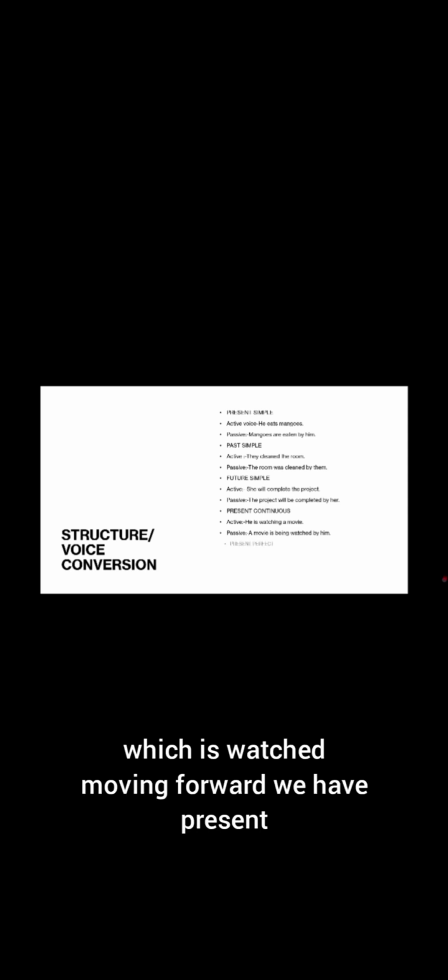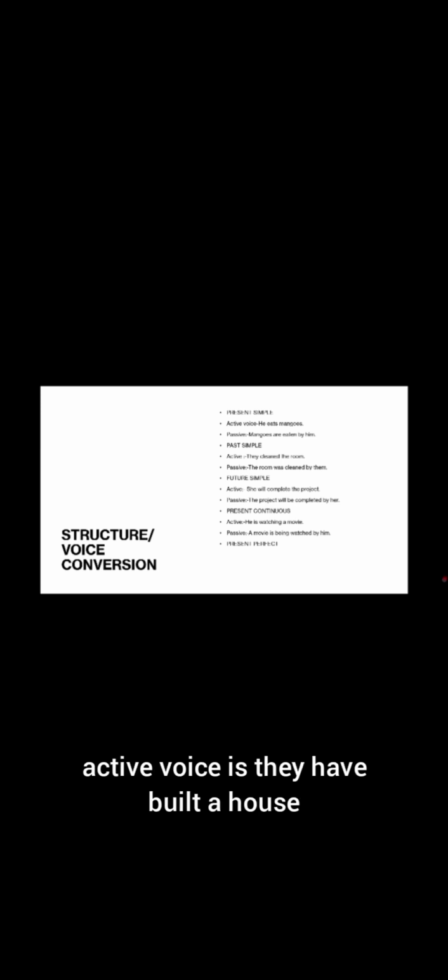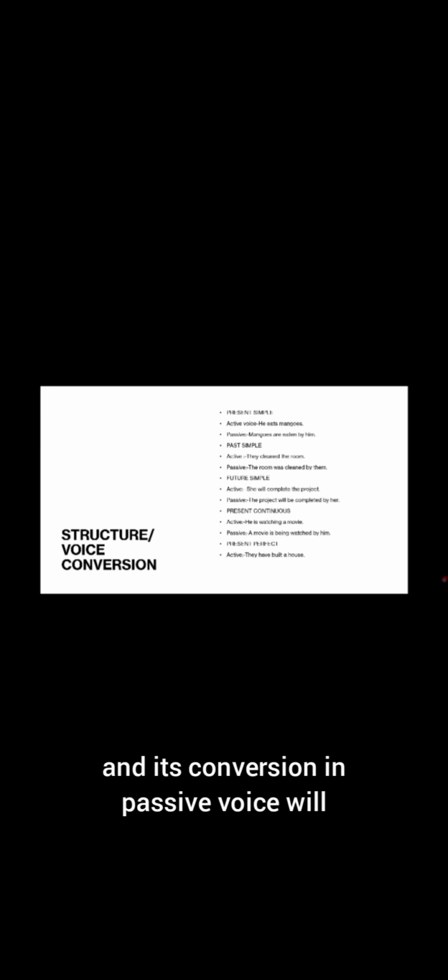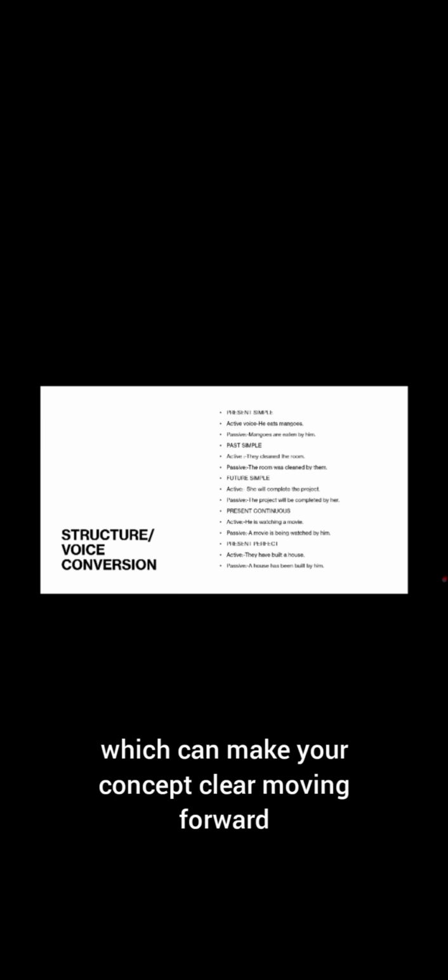Moving forward, we have present perfect. The example of present perfect in active voice is they have built a house, and its conversion in passive voice will be a house has been built by them. So these are certain examples in different tenses which can make your concept clear.